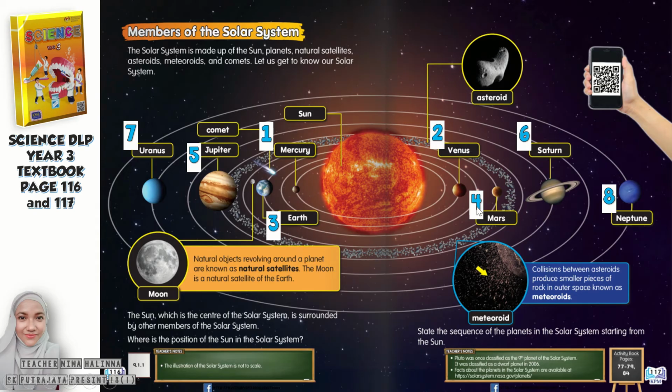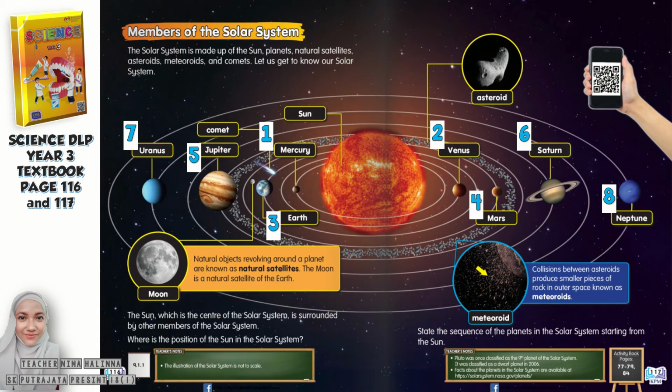Okay, asteroid belt. And then we also have comets. See here, this shiny thing, this is a comet. So what's the difference between asteroid, meteoroid, and comet? If you see comets, this particular comet is not in the asteroid belt area, right? So comets are actually ice.